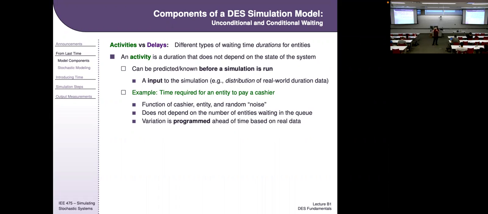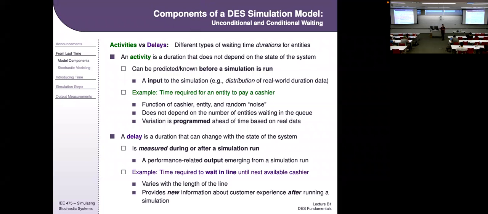The parameters of that distribution, maybe it's mean and variance, do not depend on the state of the system. I know those ahead of time before I do any modeling. I can go out with a stopwatch and measure that. So that's what I mean by activities. They're things that we can figure out before we run a simulation. That's the key thing.